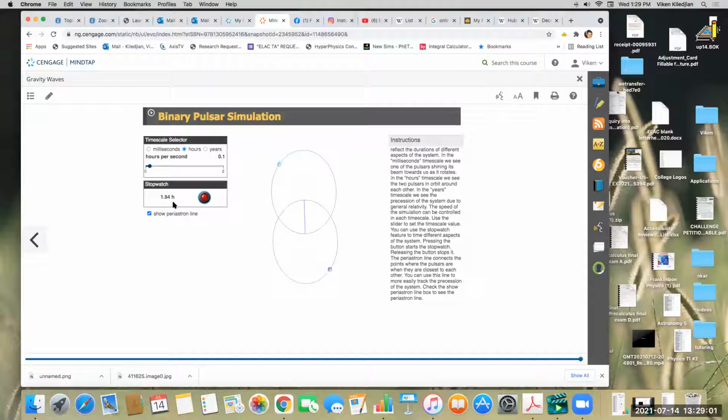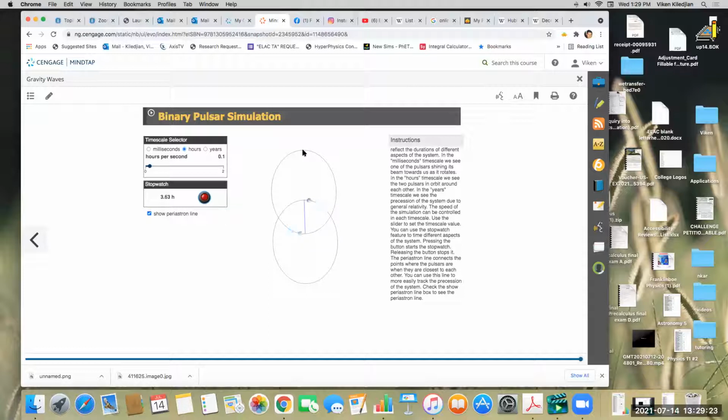So now I'm going to wait till it goes the full cycle. Remember, the light blue one started here and then goes around and comes back. So you wait till it comes back to exactly where the initial situation was.